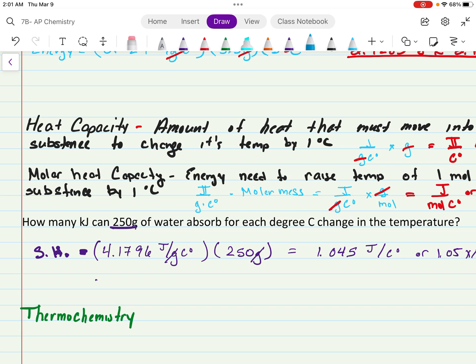And water is one of those things that we can use, because it resists change, to determine the amount of energy either being absorbed or released by a system. Now, thermochemistry has to do with the transfers of energies between reacting chemicals.